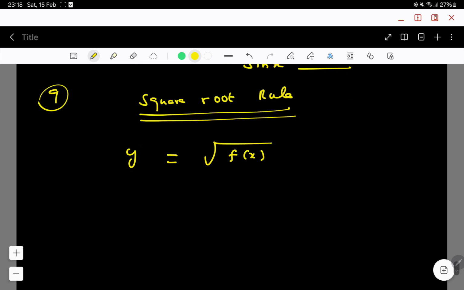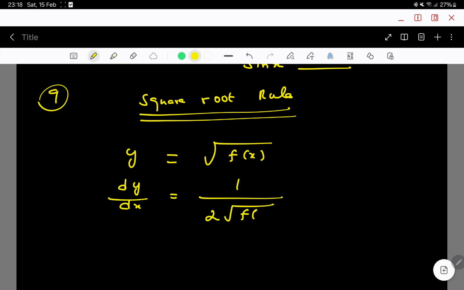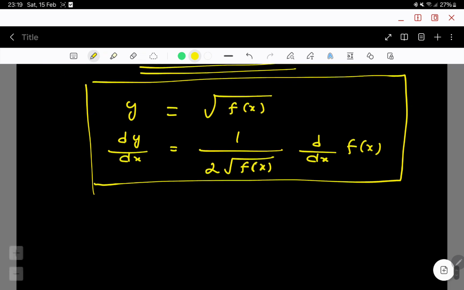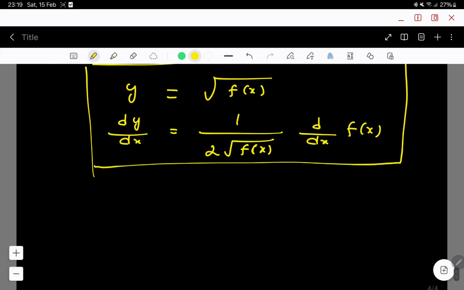So dy by dx is 1 by 2 into root f of x into d by dx f of x. This is the square root rule. Say the function comes under root, we follow this rule simply.